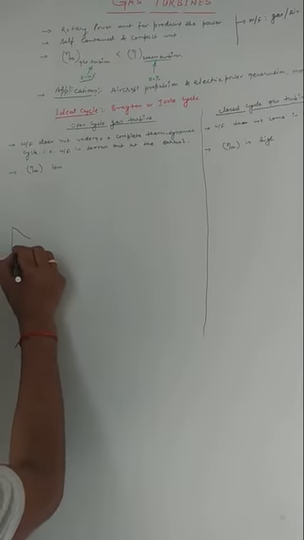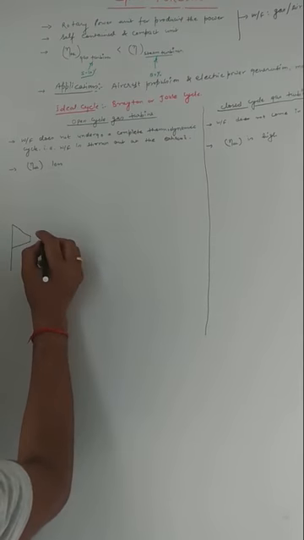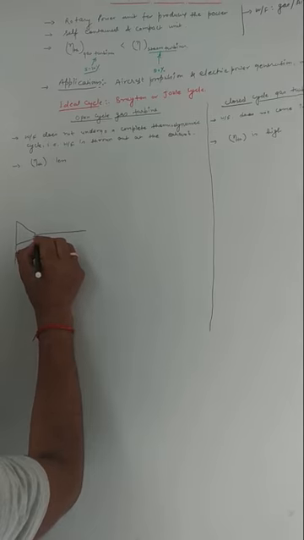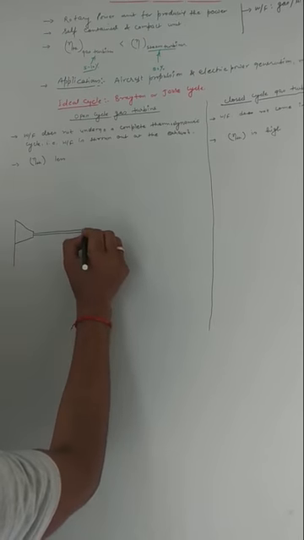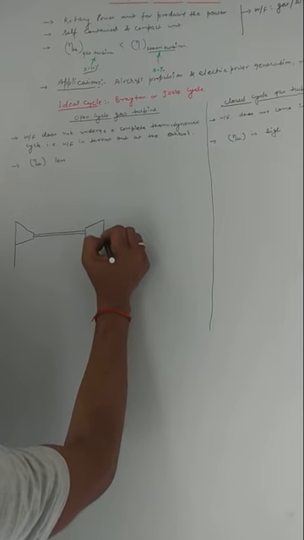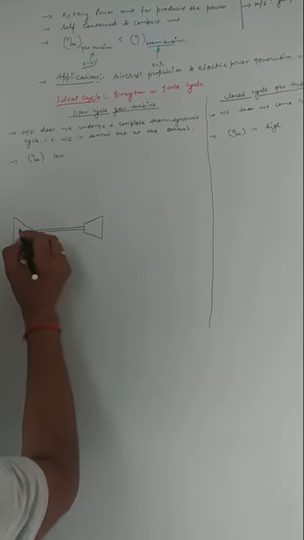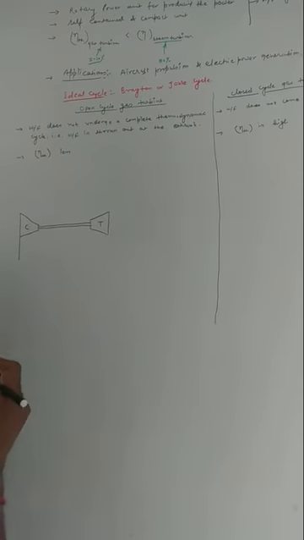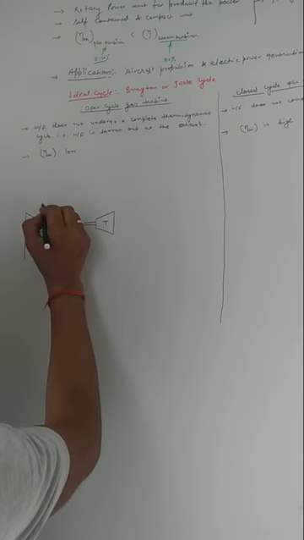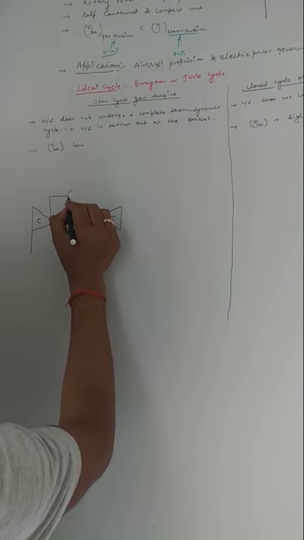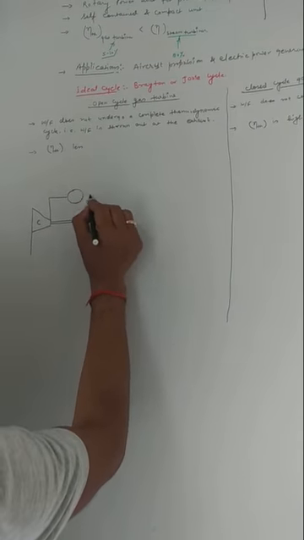There is a compressor and turbine mounted on the same shaft. This is compressor, this is turbine. Compressor is connected with combustion chamber.